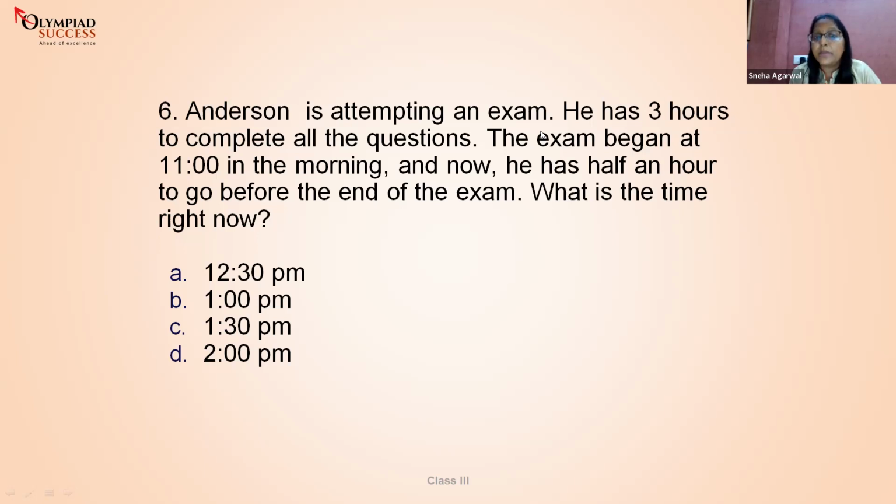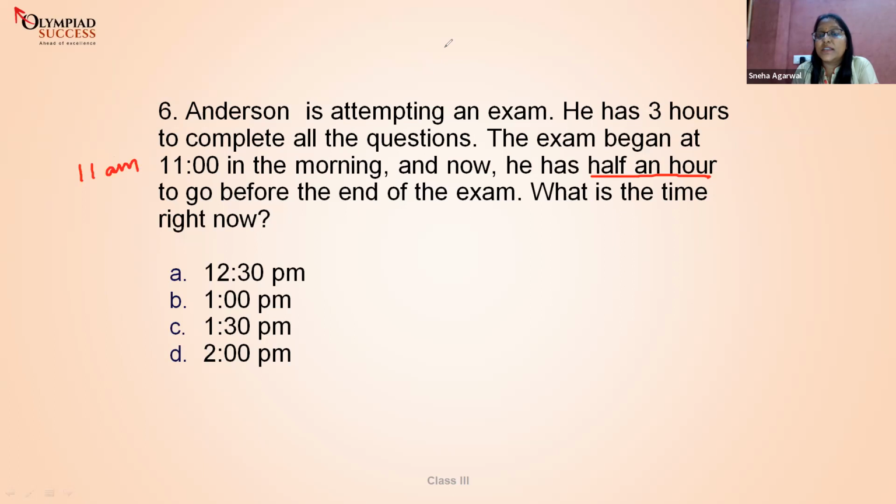Now the exam began at 11 in the morning, so the timing is 11 a.m. He has half an hour to go before the end of the exam. That means he is still left with half an hour before the end of the examination.